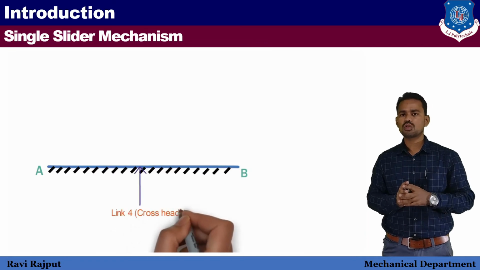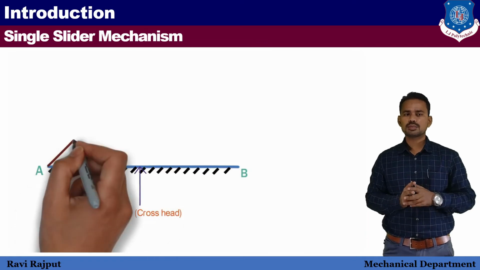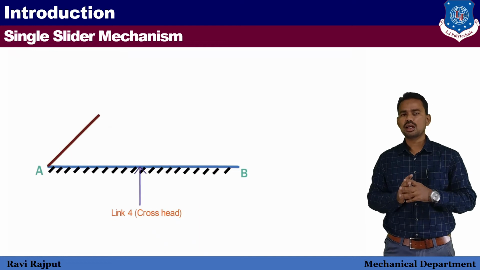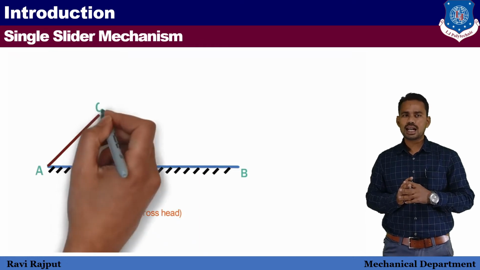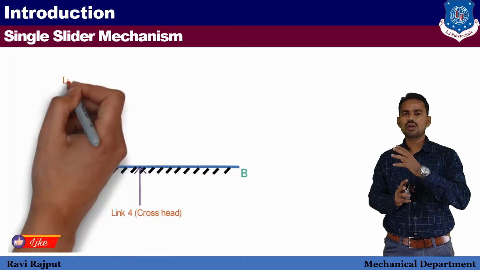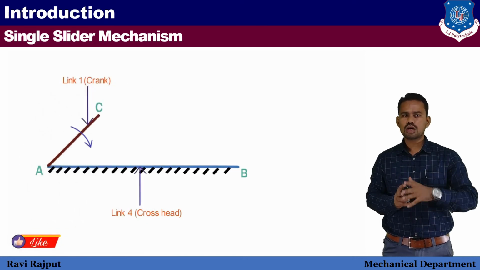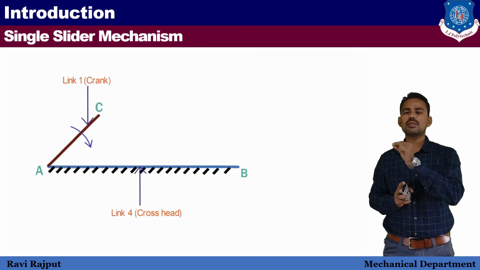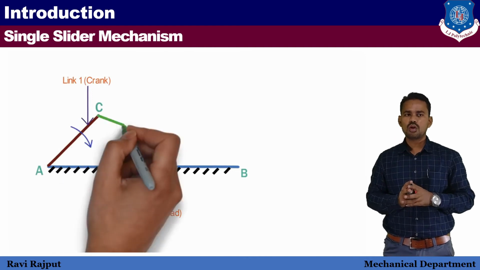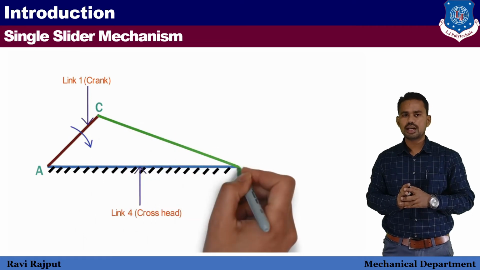So here we are showing you the first link, which is the fixed link. On this fixed link we are installing a part called the crank, and this crank will be rotating. The crank will rotate around the fixed link and form a turning pair at point A. So point A denotes the turning pair.